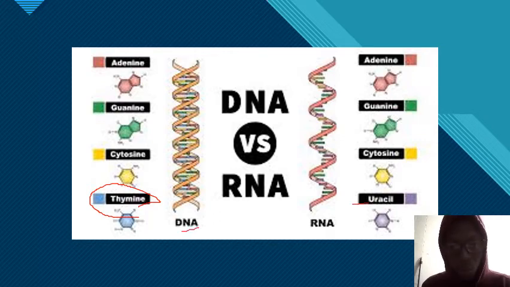The moment you see the word uracil, just know you're dealing with RNA. RNA is single-stranded and DNA is double-stranded. That's the huge difference. The other difference is in the sugar: DNA has deoxyribose sugar, and RNA has ribose sugar. Keep that in mind.